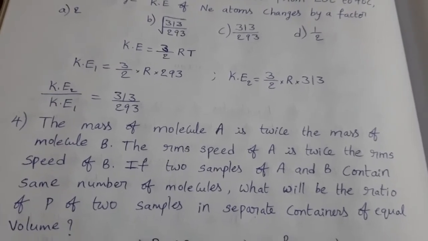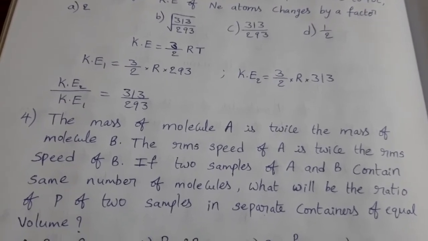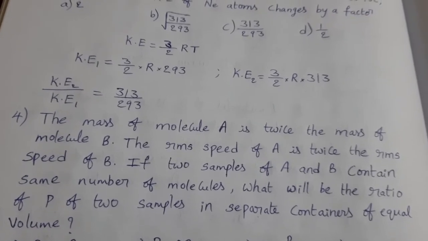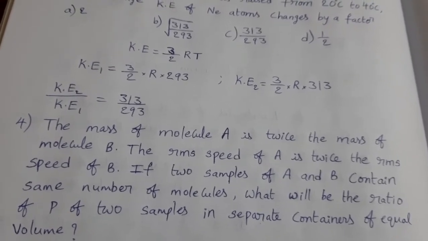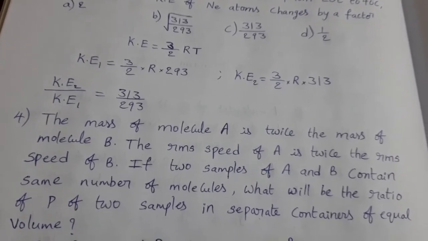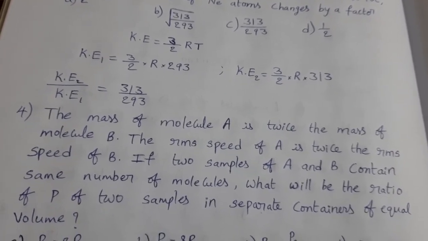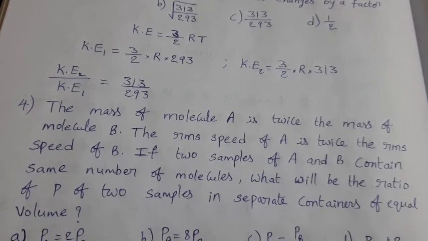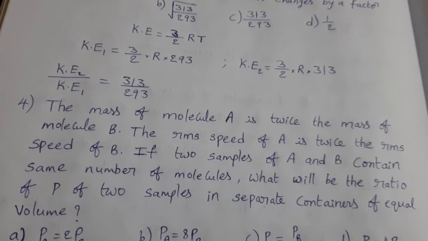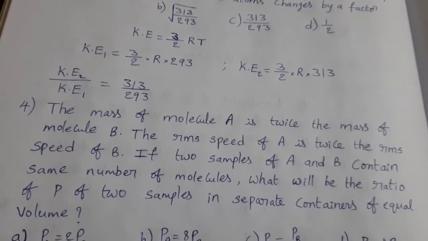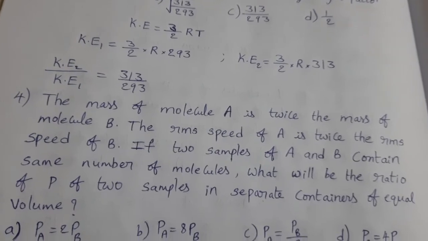The mass of molecule A is twice the mass of molecule B. The RMS speed of A is twice the RMS speed of B. If two samples of A and B contain same number of molecules, what will be the ratio of pressure P of two samples in separate containers of equal volume?